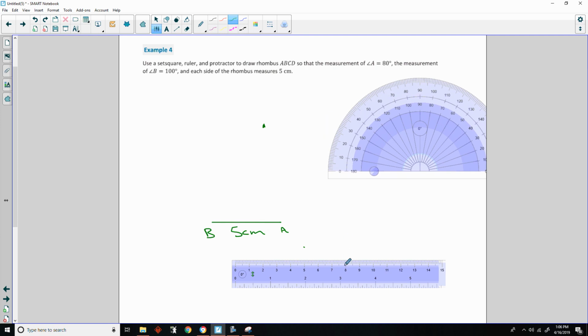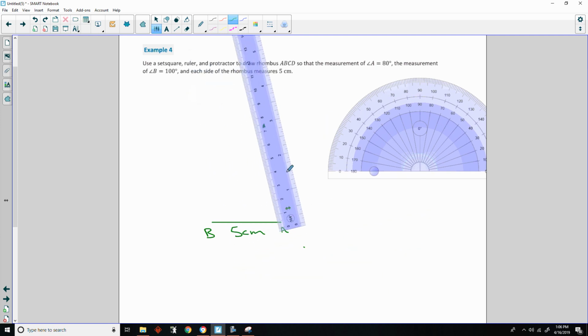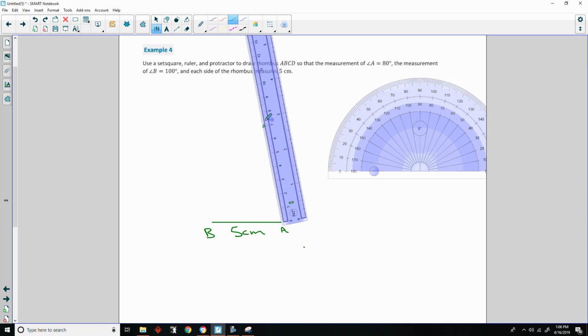So I move this out of the way, put my ruler at 0 on A, rotate it, so I'm going through this segment. Okay.